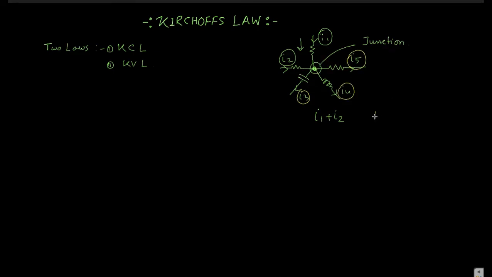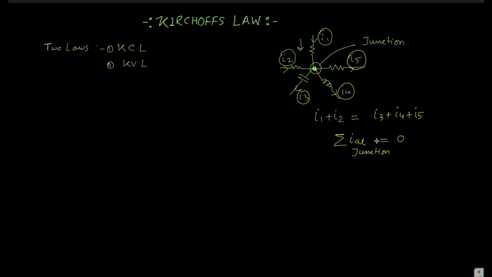You must sum I3 plus I4 plus I5, and according to KCL they are equal. So the algebraic sum of the current at the junction is equal to 0. The current which is entering, that much current is leaving.